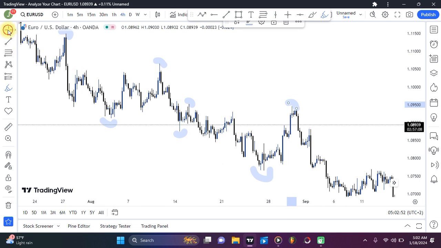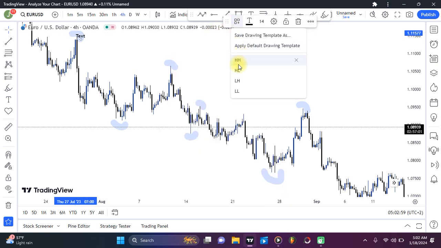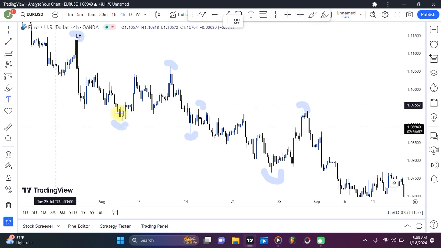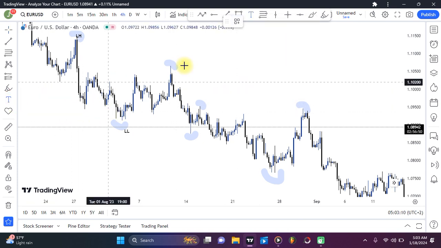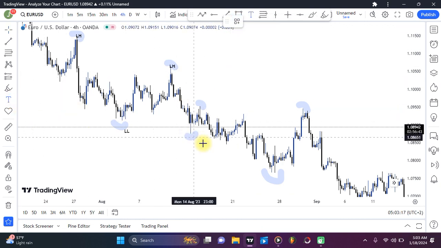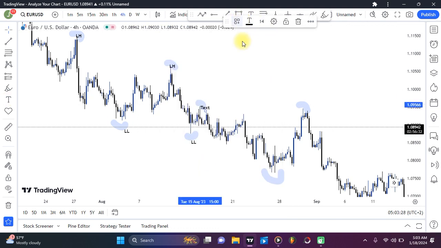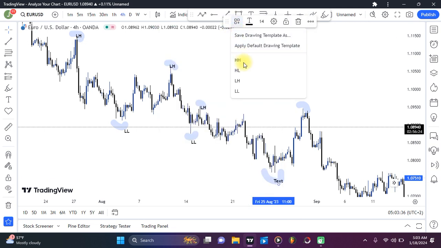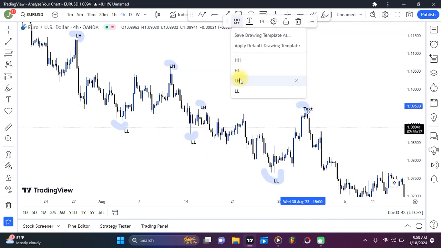So I'm gonna go ahead and label this. That is a lower high, lower low, lower high, and lower low, and lower high, and lower low, and again lower high.